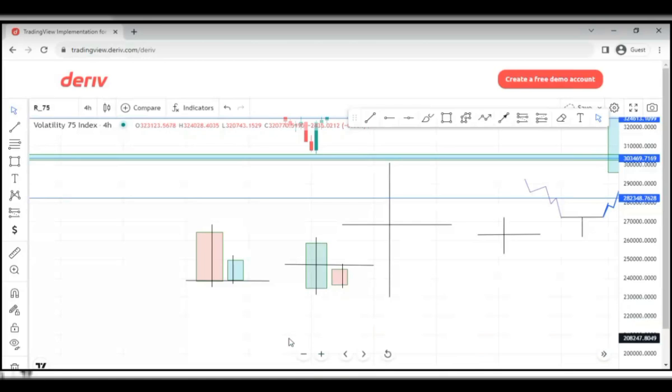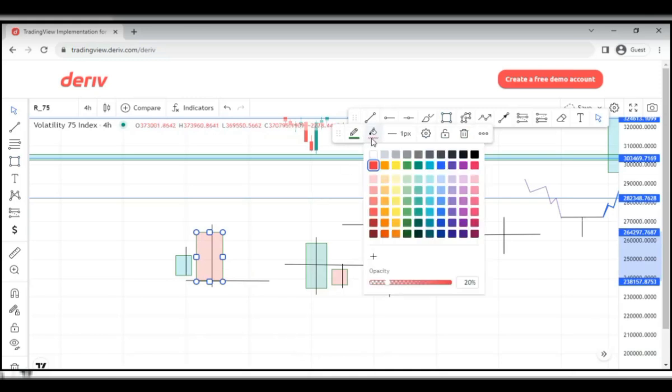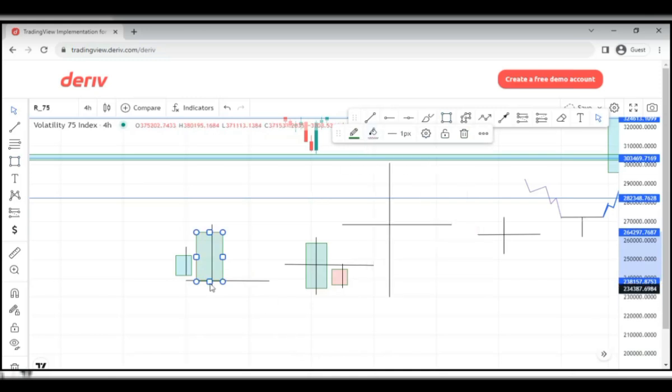Then the next one we have is engulfing. That's a popular one that everybody knows, the engulfing pattern. So this one should be here like this, and then this should be green in color, and this guy should be red.